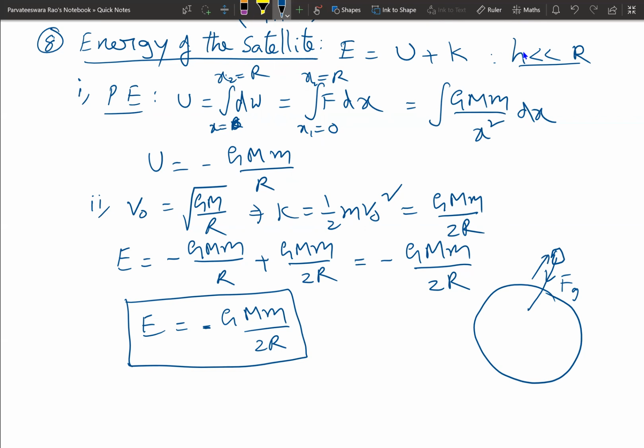Yes or no? Yes, sir. So the negative sign means that the satellite has got a stable configuration in the orbit against the Earth's gravitational force. That's the meaning of it. Understood? Yes, sir.